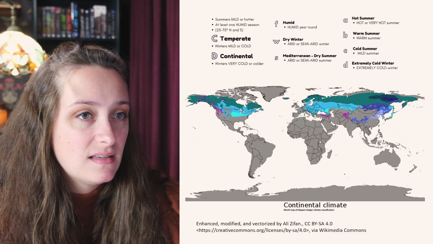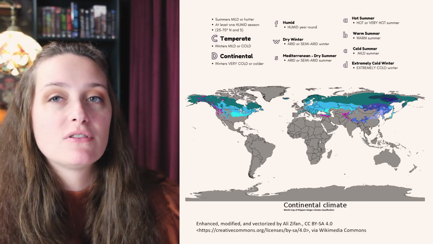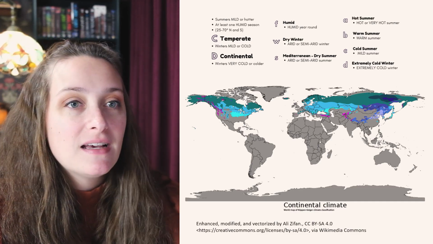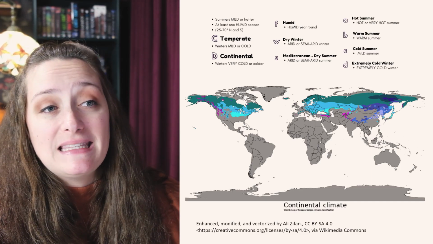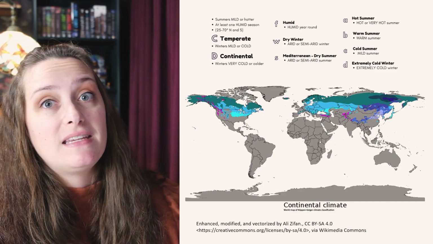For DS, you'll see DSB is higher in elevation than DSA. Again, as you increase in elevation, temperatures go down. We've seen that. And then DSD is typically between 60 and 75 degrees and higher in elevation than DSC.